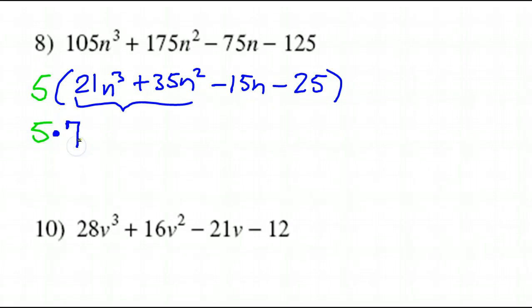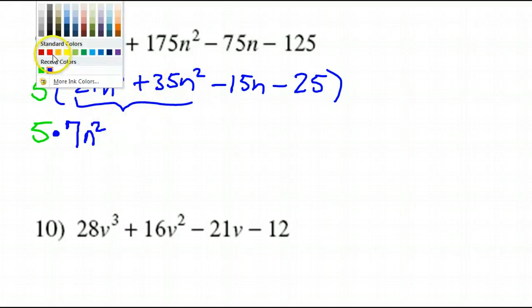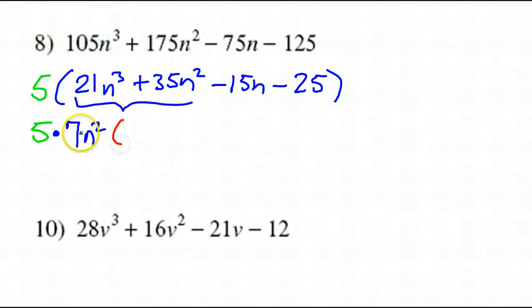So I'm going to have 7n squared when I factor this out. Okay, and then inside, 7 times 3n will give us 21n to the 3rd power. 7 times 5 is 35, so this will be plus 5.